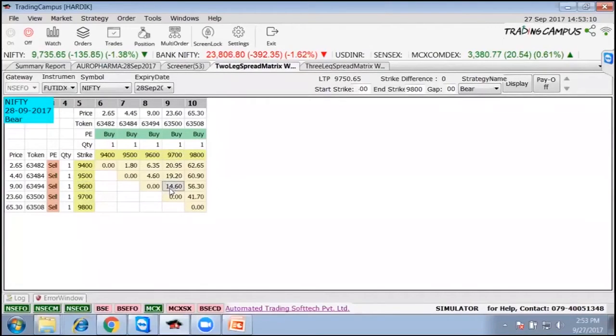Similarly, if I would have taken 9,600 and 9,500, if these two I have selected, the price is 4.5 or 5 rupees, but I would have made profit only when the index, which is 9,730, goes below 9,600 and towards 9,500. So if it remains above 9,600, will I get money?